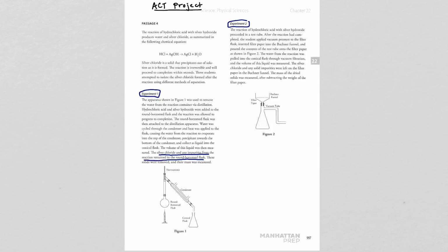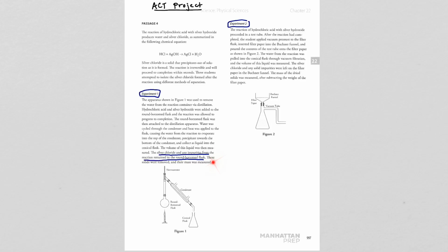The first question, number 22, asks, why might the actual mass collected in Experiment 1 be higher than the expected mass? So it leads you to believe that we need to go and read this Experiment 1. But upon closer inspection, we see that the actual answer for this question is down here.